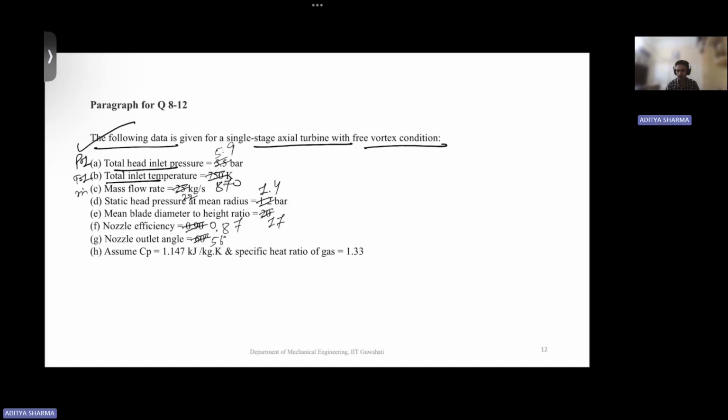Then mean blade diameter to height, so D by H, is given. Nozzle efficiency is given. Nozzle outlet angle is given, 56 degrees. And then Cp for gas and gamma for gas are given.